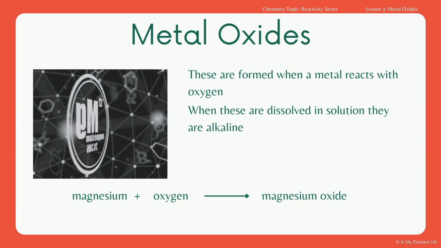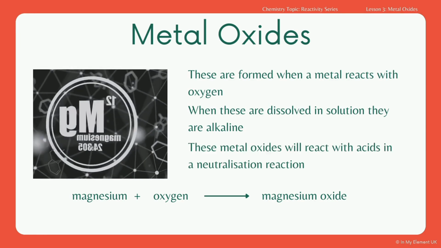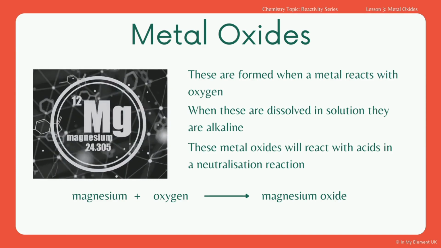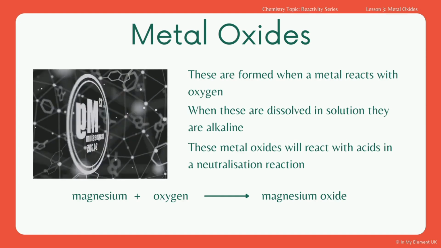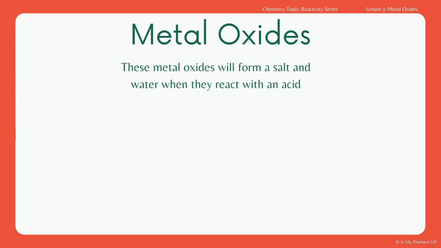Now, these metal oxides, when they're dissolved in solution, are alkaline. So that means they can react with acids in a neutralisation reaction. We've covered neutralisation in the acids and alkalis topic, but just to remind you, when the metal oxide reacts with an acid, it's going to form a salt and water.